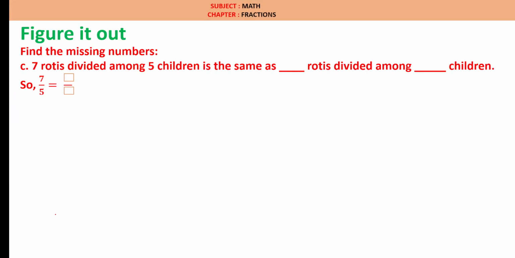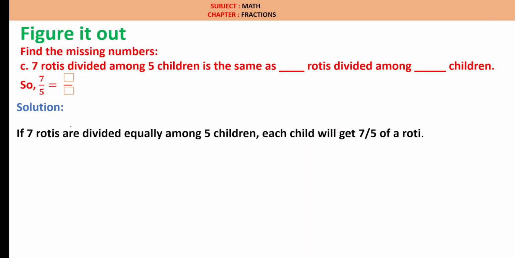Figure it out. Subsection C. 7 rotis divided equally among 5 children is the same as dash number of rotis divided equally among dash number of children. That is 7/5 is equal to dash. So here we need to find an equivalent fraction of 7/5. Solution. If 7 rotis are divided equally among 5 children, each child will get 7/5 of a roti.